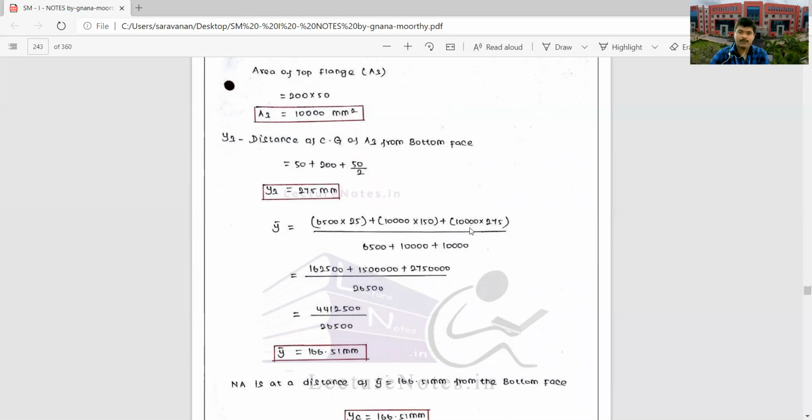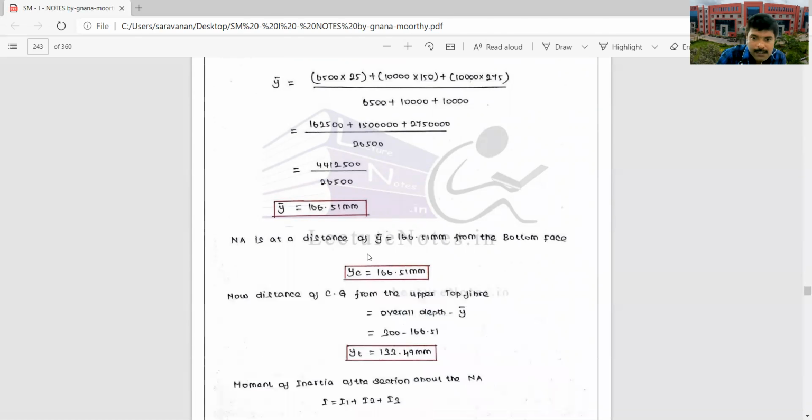Now you have A1, A2, A3, y1, y2, y3, so substitute: y bar equals A1 y1 plus A2 y2 plus A3 y3 divided by A1 plus A2 plus A3. You will get the y bar value as 166.51 mm with respect to the bottom. So the neutral axis is at a distance of y bar, 166.51 mm from the bottom face; that is the compression distance YC = 166.51 mm.